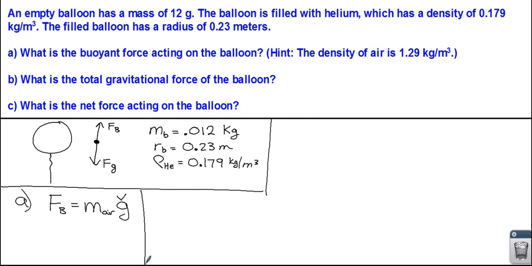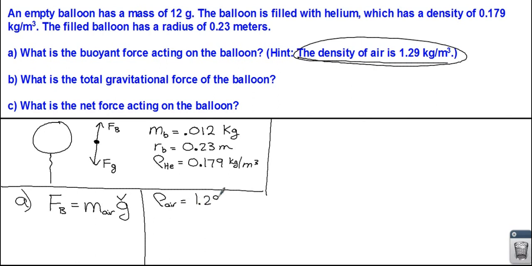So how are we going to find the mass of the air? One of the things they're telling us as a hint is that the density of air is 1.29 kilograms per cubic meter. That's helpful because we can relate volume and mass when we have density. The density of air is equal to the mass of the air divided by the volume of the air.